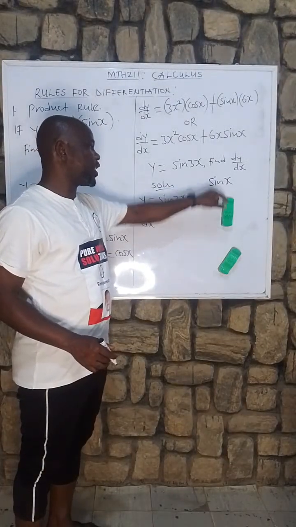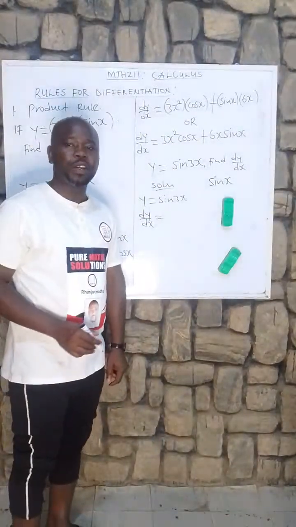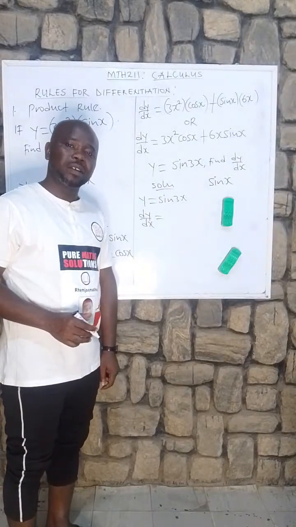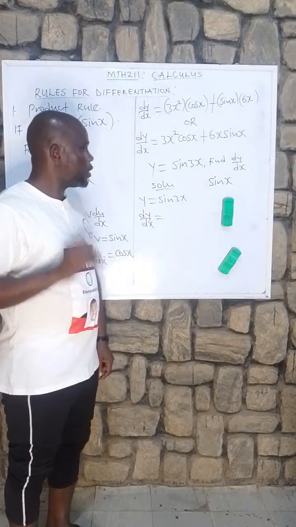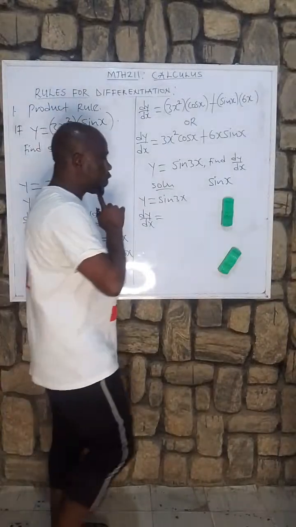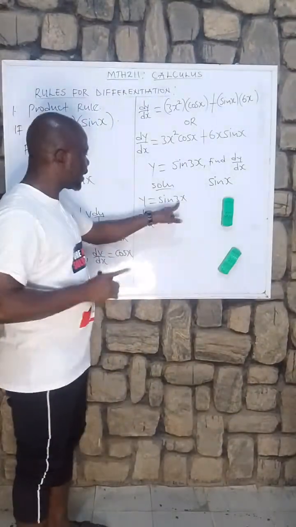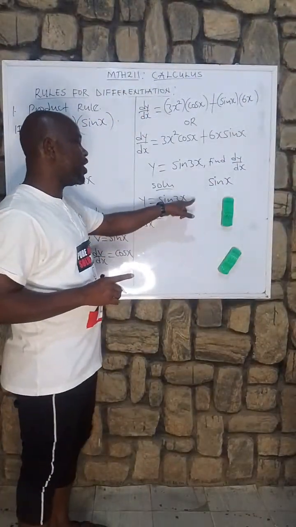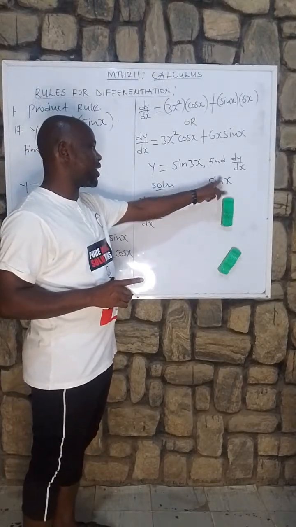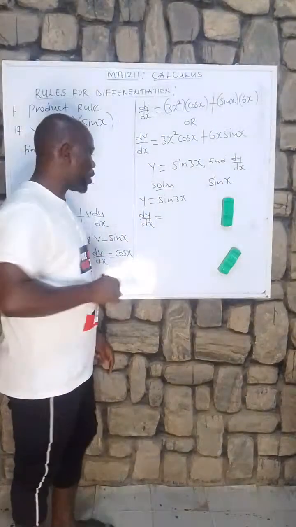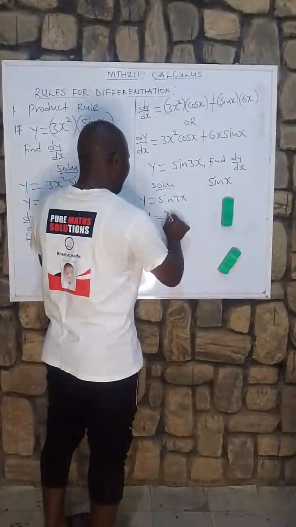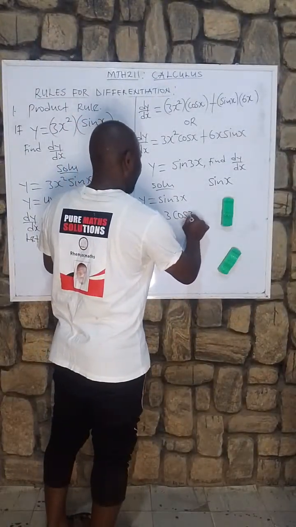If you differentiate sine x, what are you supposed to have? You are supposed to have cos x. True or false? It's true. But now we have sine 3x, so if you differentiate sine 3x, you are going to have 3 cos 3x.